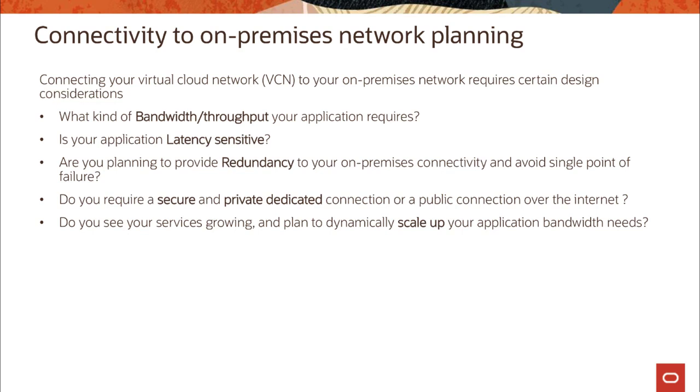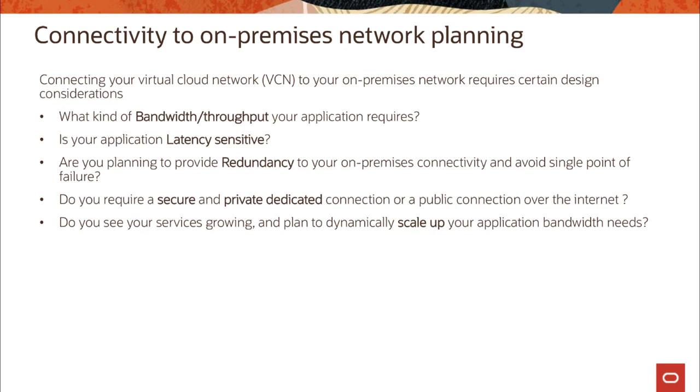So you should avoid that and plan your redundancy on the connectivity options as well. As we go through this session and a couple of other sessions on Fast Connect as well, we'll discuss some of the redundancy that is inbuilt within the service and how you can design your networking infrastructure so that it's redundant and you are avoiding the single point of failure.